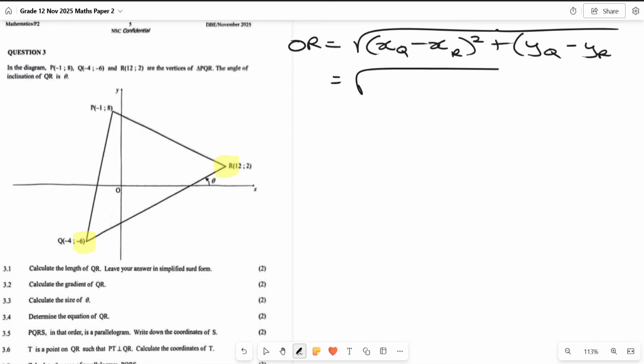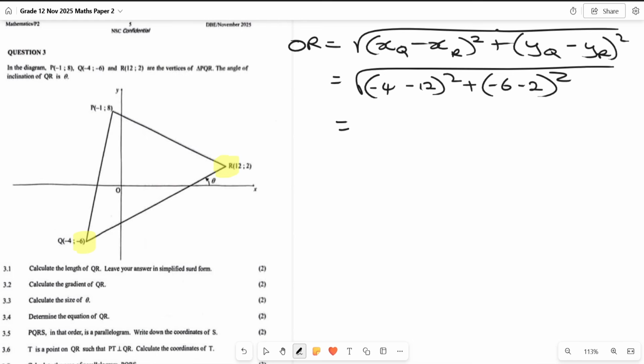So our x of Q is going to be minus 4, our x of R is going to be minus 12, squared, plus, our y for Q is going to be minus 6, and our y for R is going to be 2. So minus 2 there, squared.